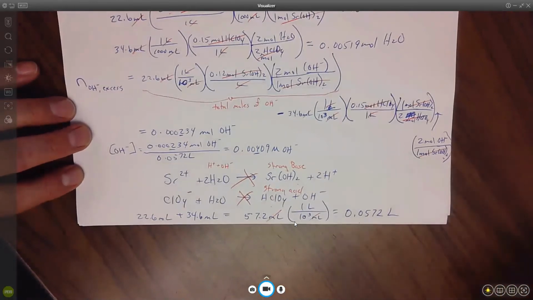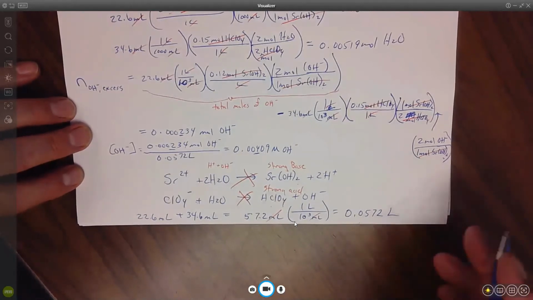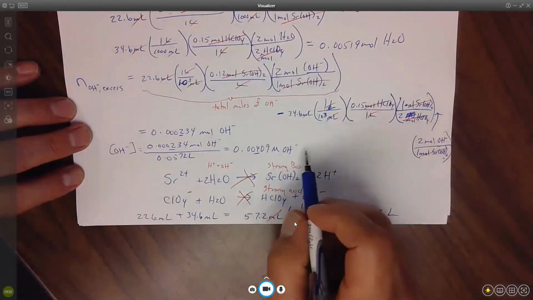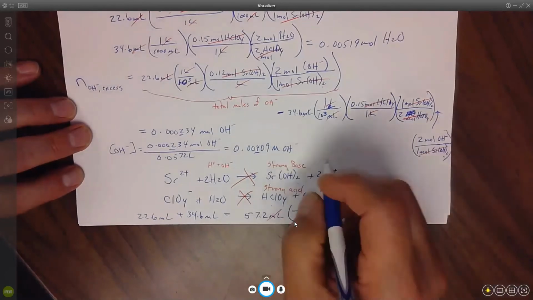Now, again, you got your choice of getting to the hydrogen ion by either using the relationship Kw is equal to the concentration of the hydrogen ion times the hydroxide ion, or the 14 is equal to the pH plus the pOH. So I'll just do that.